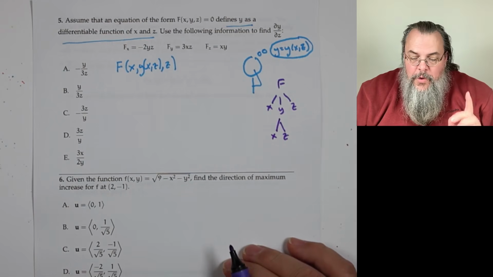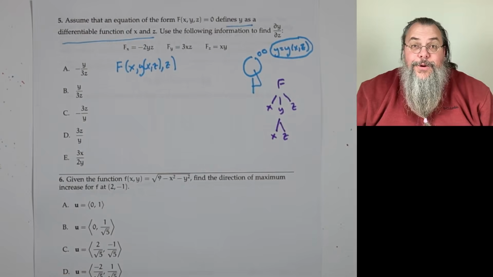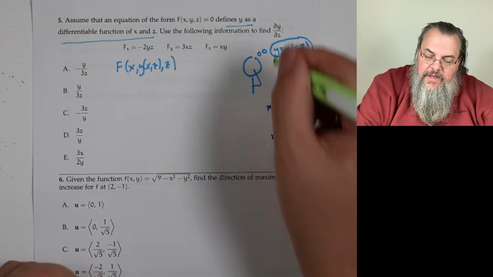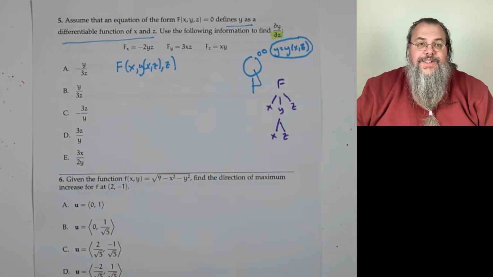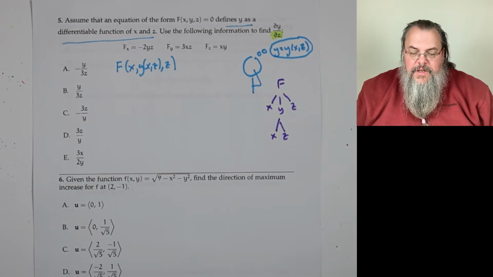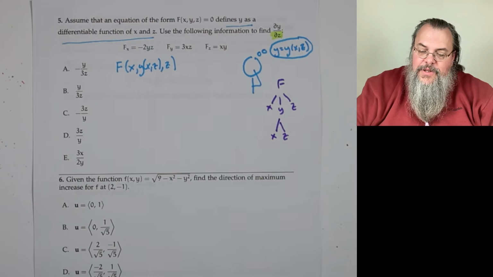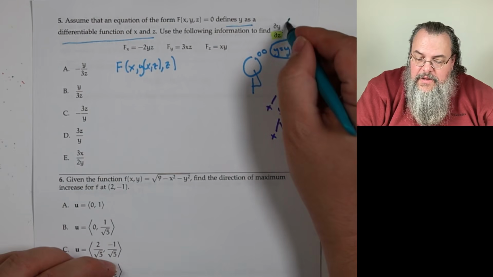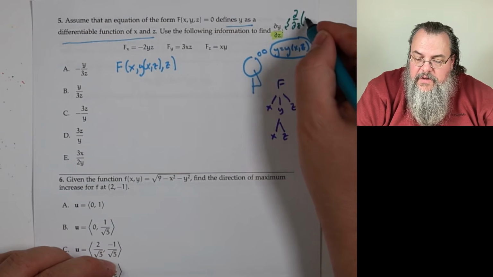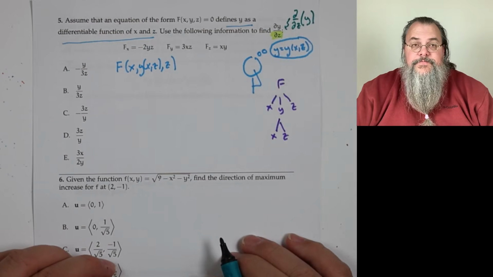Now, we're going to take the derivative with respect to z. The way we know we're taking the derivative with respect to z is what's downstairs. So that tells us what you're taking the derivative with respect to. Because we see a partial y partial z, this really is saying, hey, this is partial z, the derivative with respect to z of y.